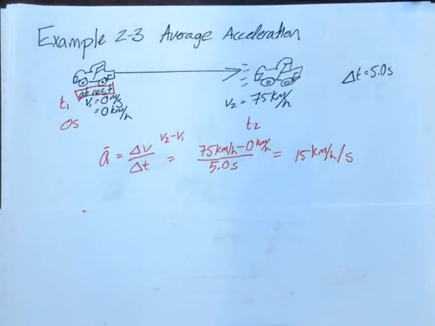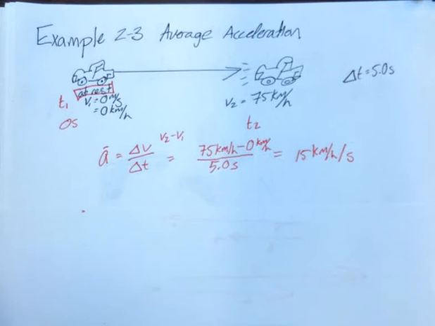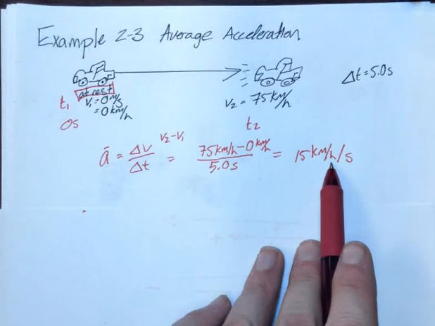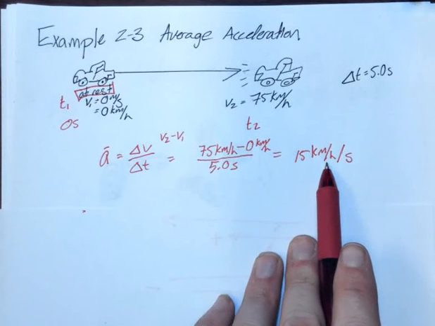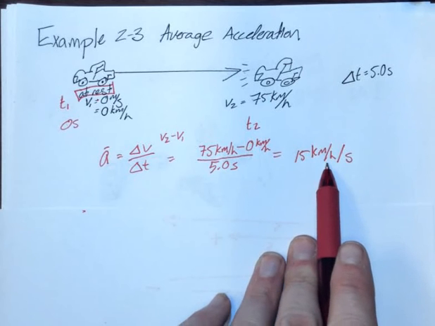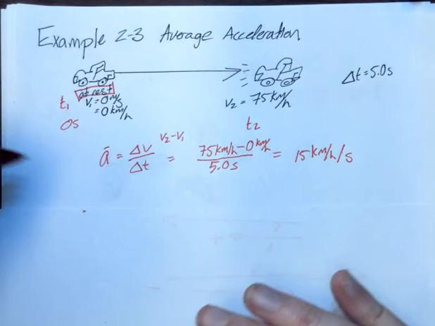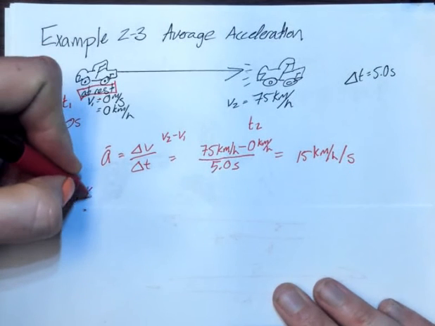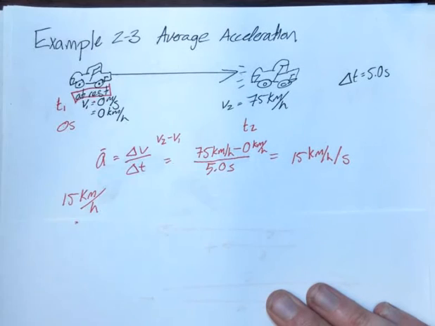Now, I want to let you know that there's nothing wrong with this unit reporting. It's telling you how many kilometers per hour is changing every single second. But this is not the SI unit for acceleration. This is kilometers per hour per second. Most of the time, we want to look at the rate of velocity change where the rate of velocity change and the velocity are in the same unit. So we're going to change 15 kilometers per hour into meters per second.